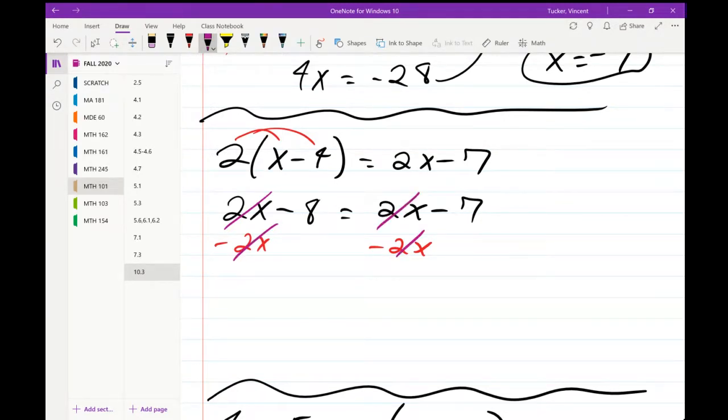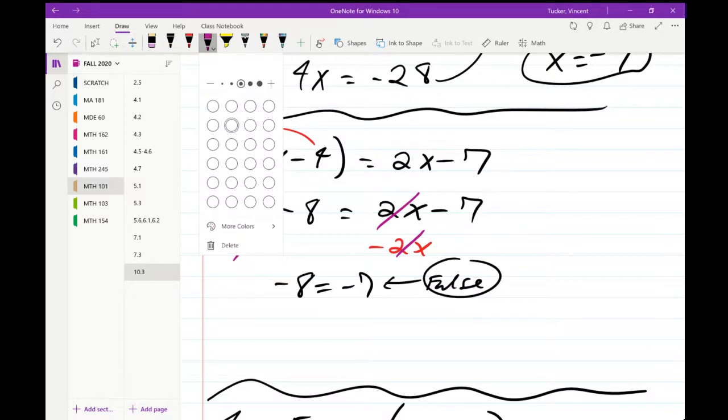A lot of times people are afraid to let the variables cancel on both sides. But if 2x minus 2x cancels on the left, then 2x minus 2x also cancels on the right as well. And so what you're left with is negative 8 equal to negative 7, which is a false statement. Now, that's not your answer, but that's what ended up happening.